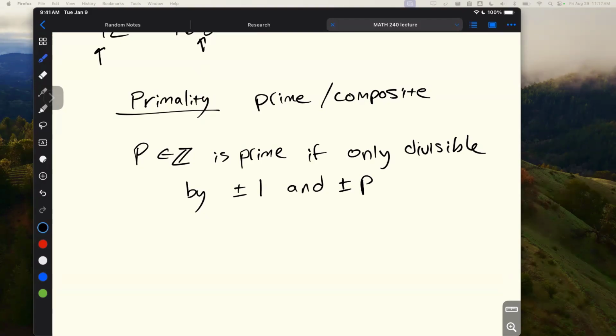But the same idea holds, where it's only prime if it's divisible by 1 and itself.